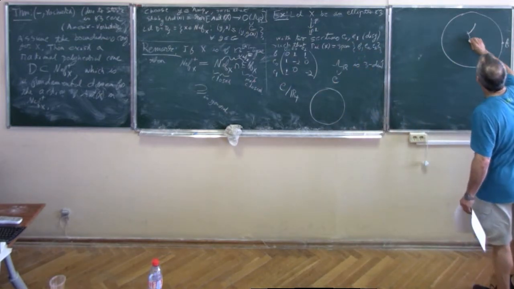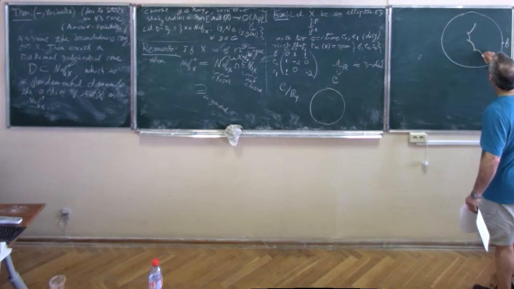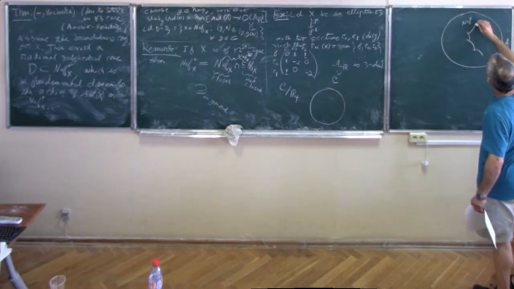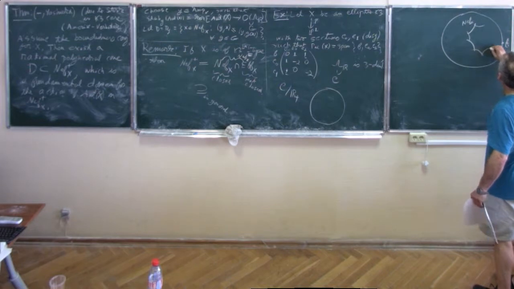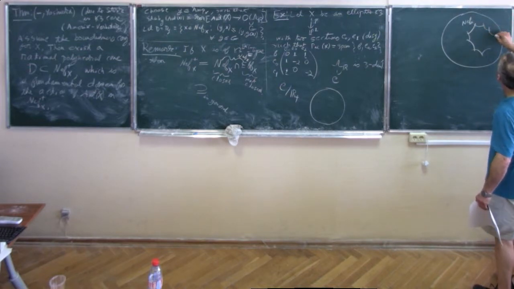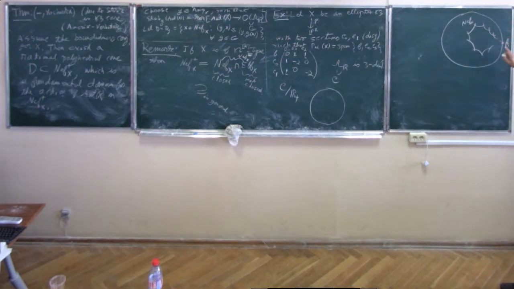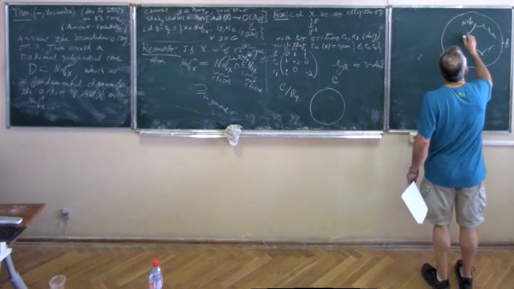So these are walls, and the nef cone of X is described by this picture. These walls will accumulate, so there will be infinitely many walls. These are all translates of walls corresponding to a minus-two curve.